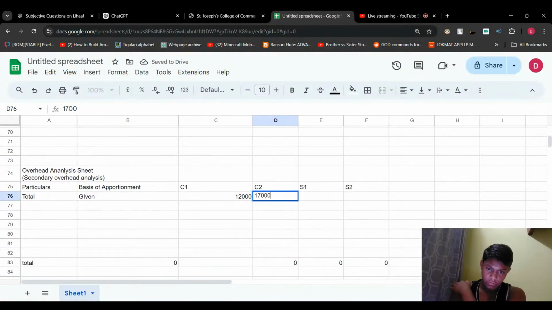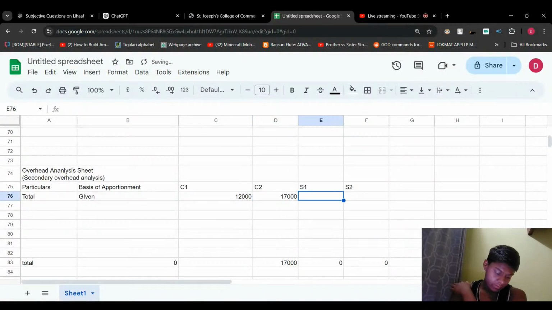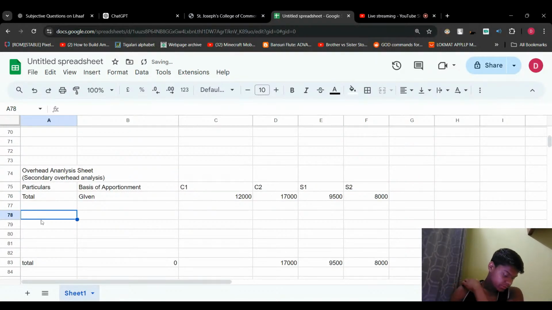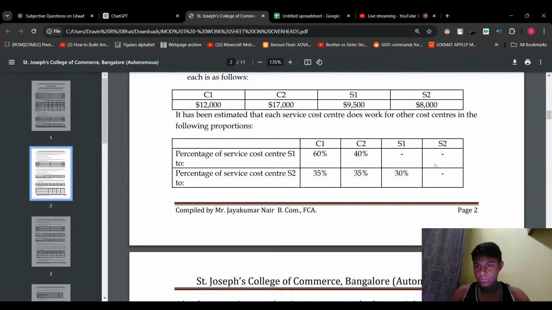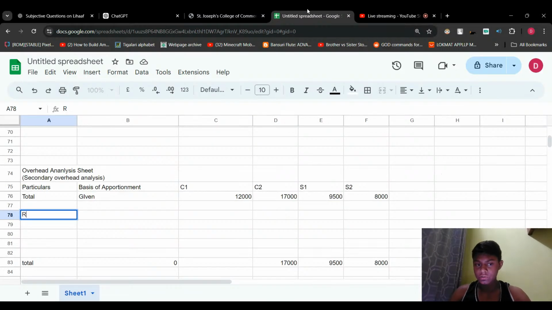C2 value is 17,000. Service center 1 is 9,500. Service center 2, 8,000. What is given in the question first? Reapportionment of S2 service center. The reason being that in S2, some part of it is also given to S1. So that is the reason why we do this. Basic, understood?